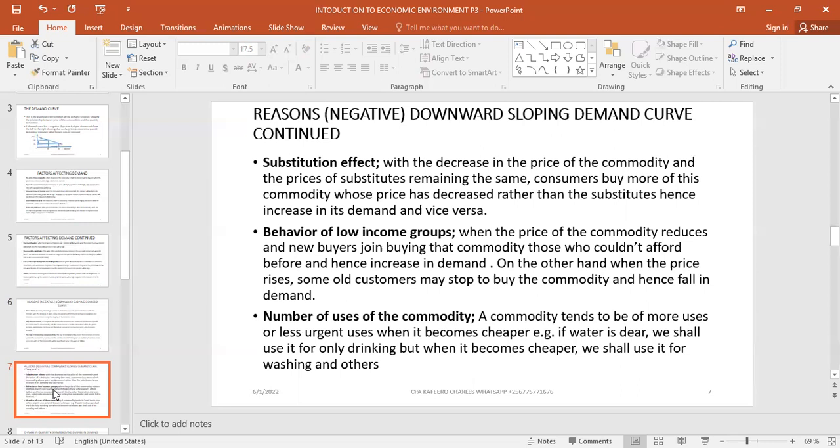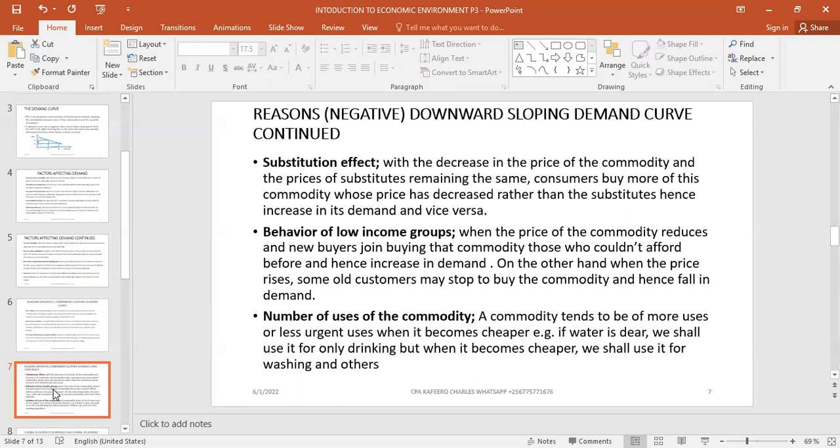But when the price of electricity reduces, they will come back and say, you know what, let's use this electricity for even lighting, cooking and ironing.